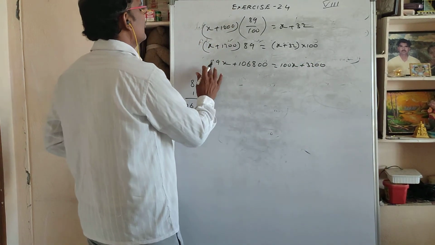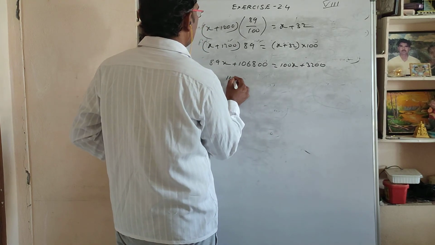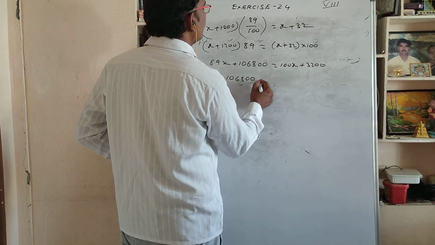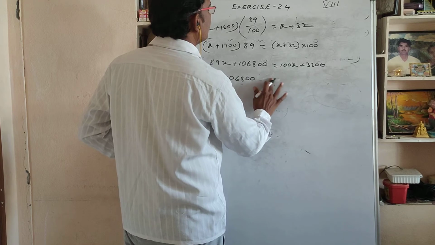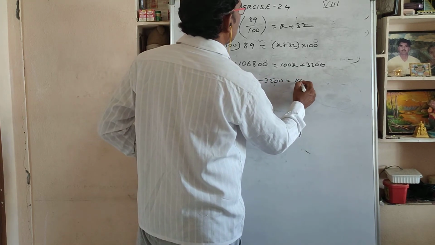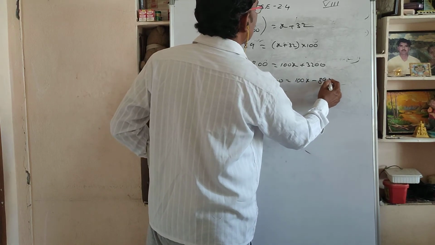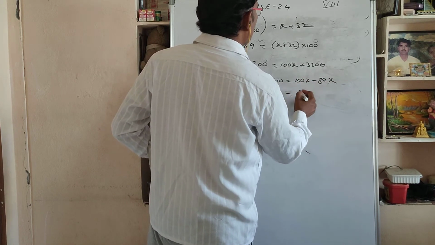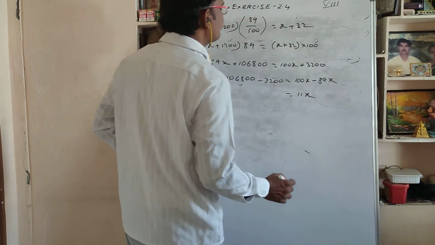Now what you have to do is bring variables to one side. Here 106800, minus 3200, is equal to 100x minus 89x. If you do subtraction, you are getting 11x here.